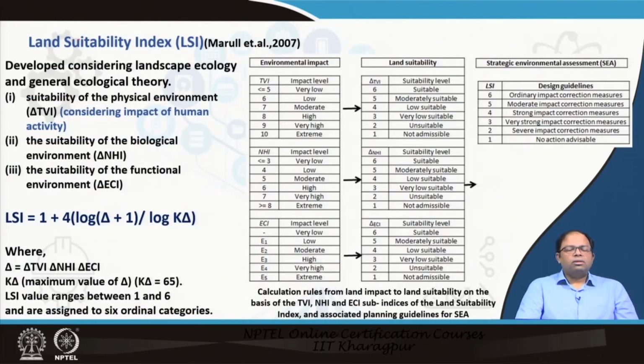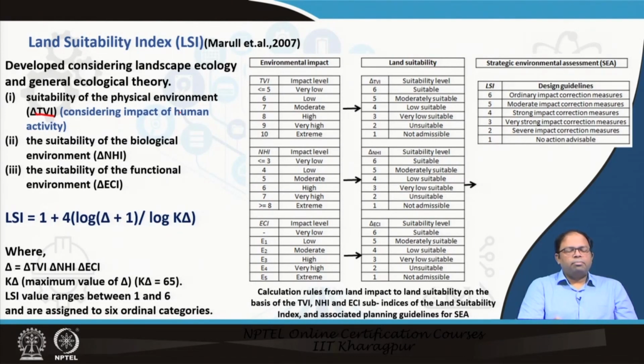Next, we talk about this model, the land suitability index model, which is a very specialized model where 3 indexes have been used. One is TVI, and this talks about the physical environment, and this is primarily to determine landscape ecology based on landscape ecology and general ecological theory, and it determines if our land is suitable when we consider all these particular aspects.